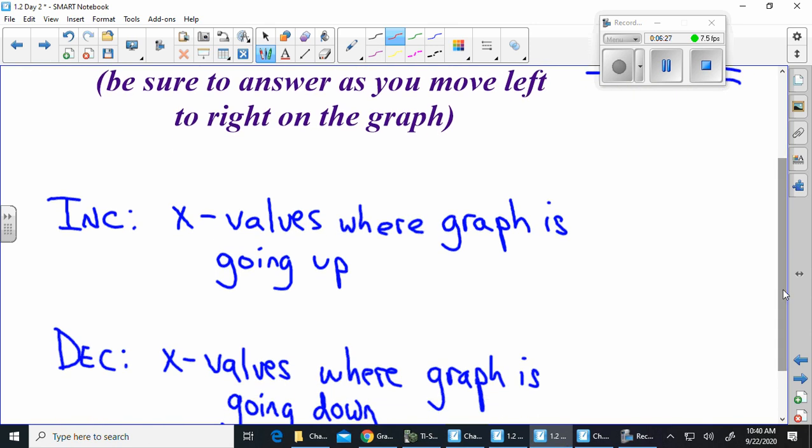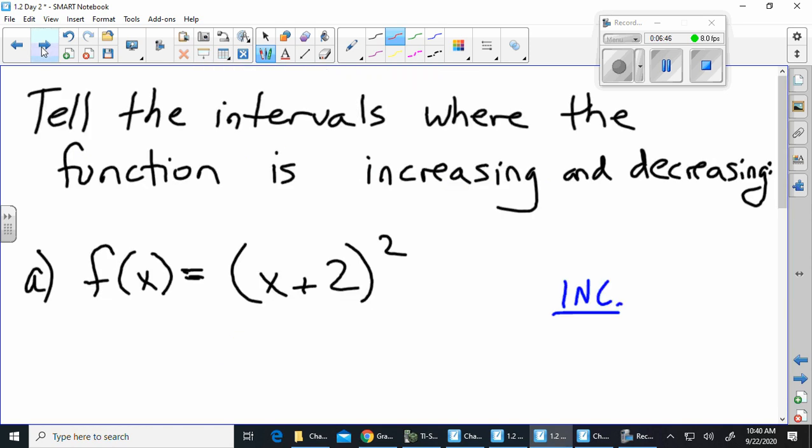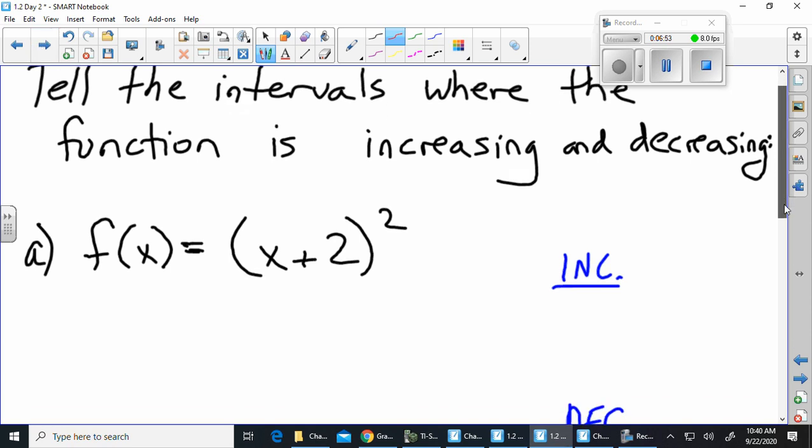Decreasing, x values, intervals where the graph is going down. So really the thing that most people start to mess up with this stuff is how they answer it. You have to be very careful with how you answer. So if I said tell the intervals where the function is increasing and decreasing. Now you will be using a calculator or Desmos.